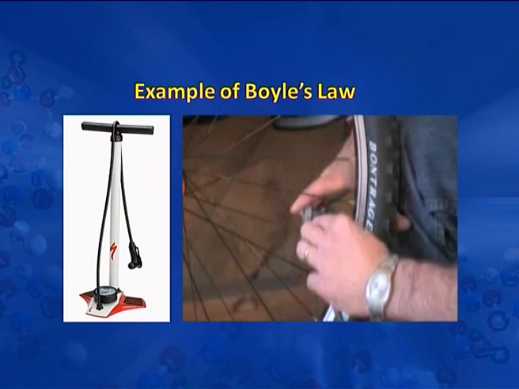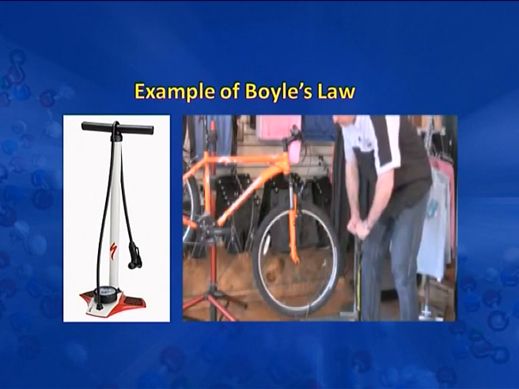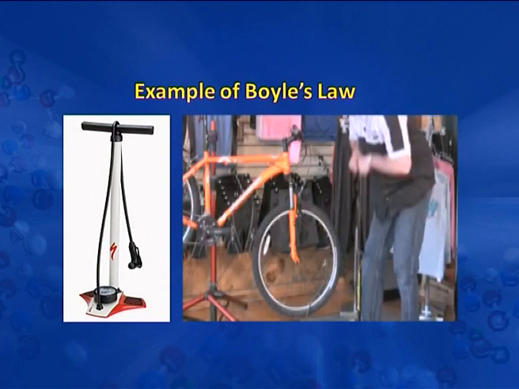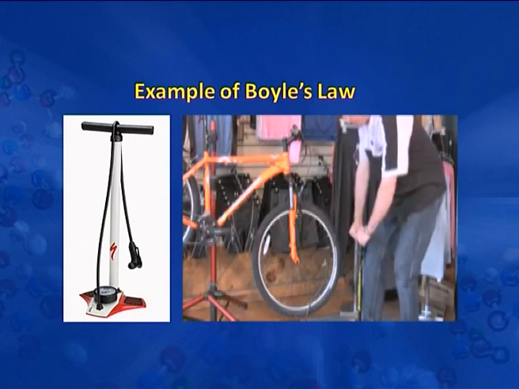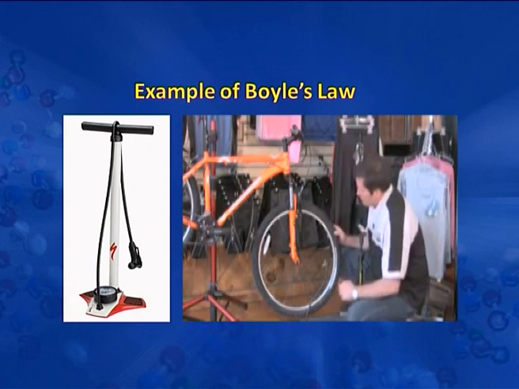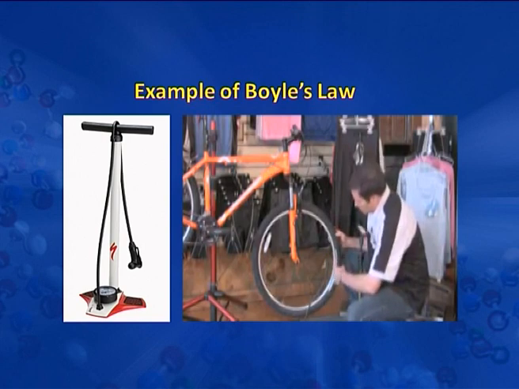Let us discuss some examples of Boyle's law. A very good example of Boyle's law is a bicycle pump. As the volume of the air trapped in the pump is reduced, its pressure goes up and air is forced into the tube. Another example is that deep sea fish die when brought to the surface.